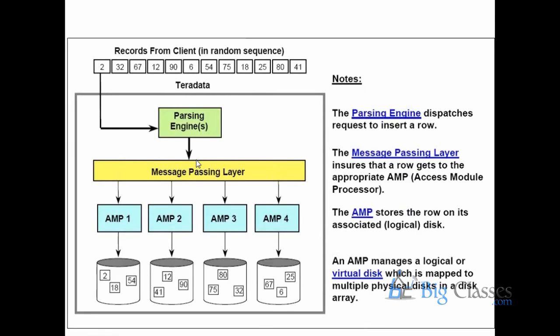For a single node, we don't require a chipset board, but device driver software, which we call a boardless BYNET, because we don't need any external chipset board. Boardless BYNET software is sufficient. But if it's multi-node, we need an external hardware mechanism, a chipset board, so that it can handle the communication across the nodes. So the message passing layer components are BYNET and PDE, parallel database extension.